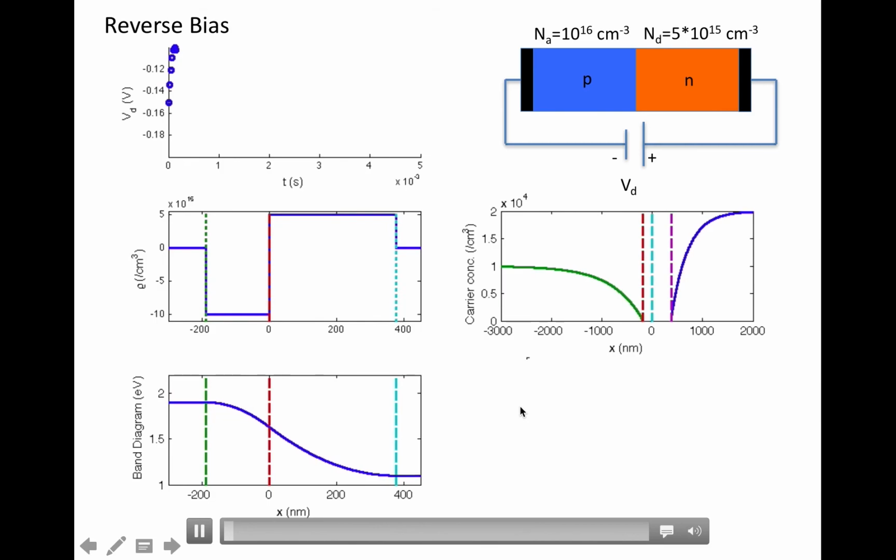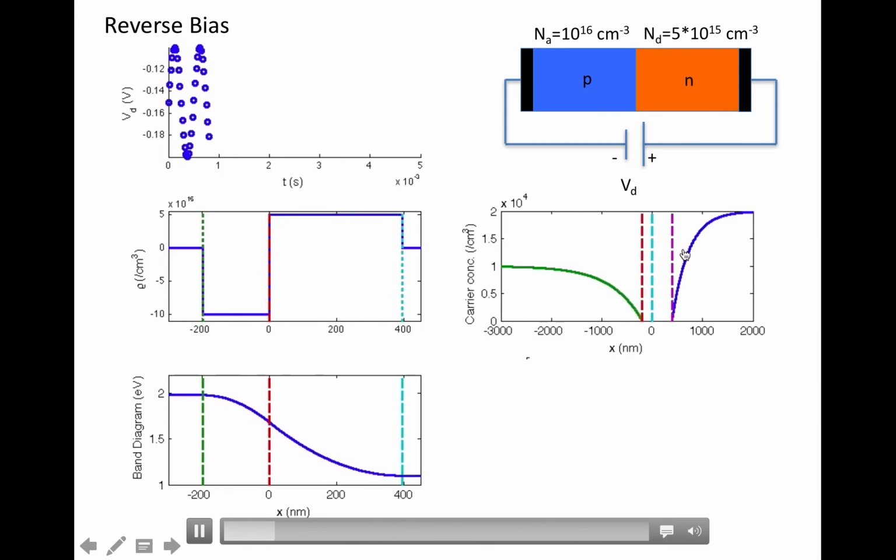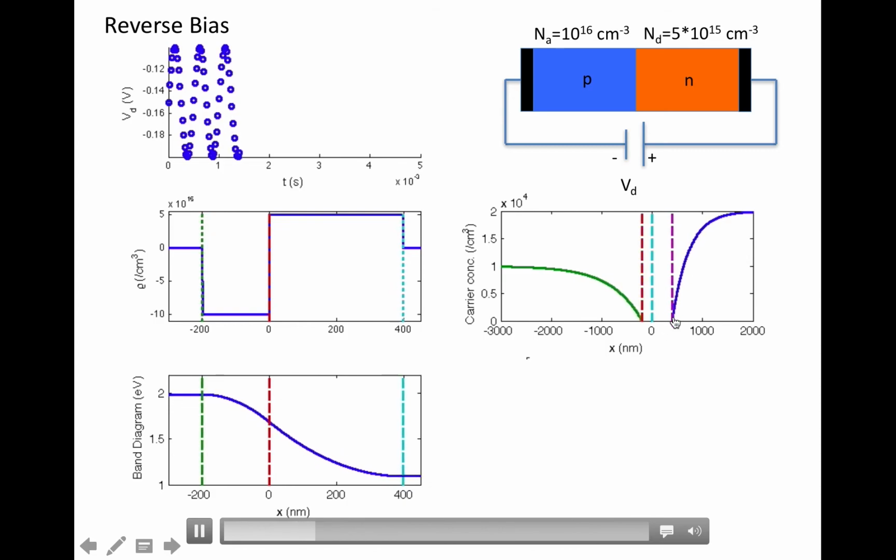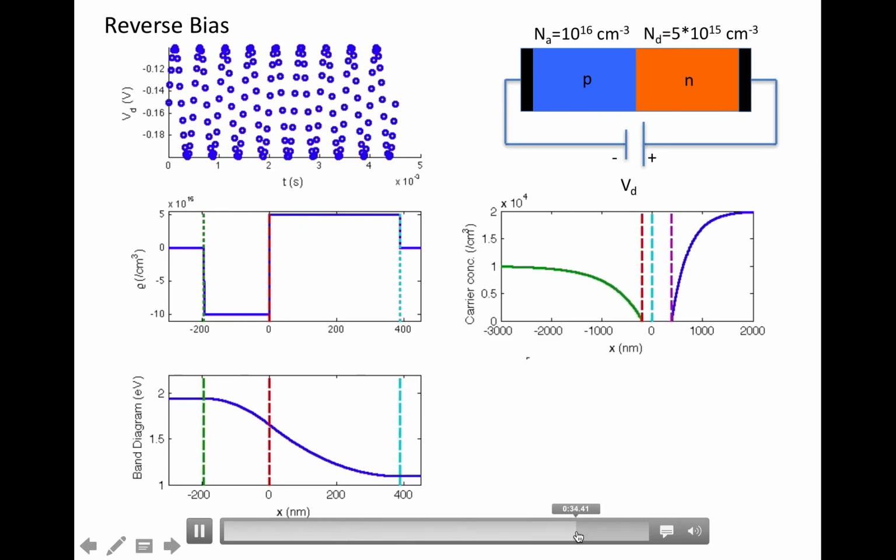What you can see is that the depletion width changes, and how the minority carrier density changes beyond the edge of the depletion region.